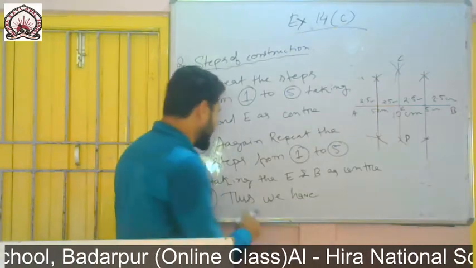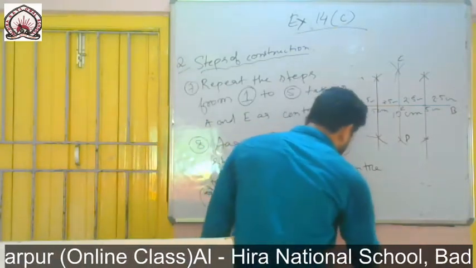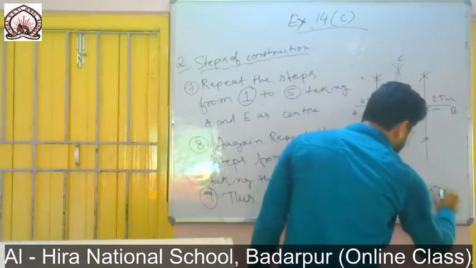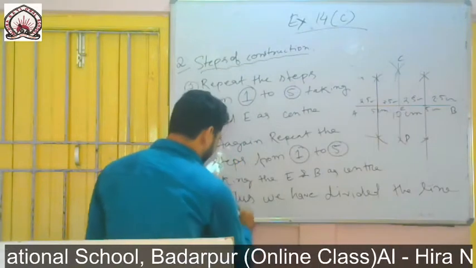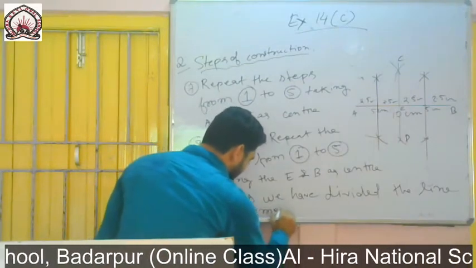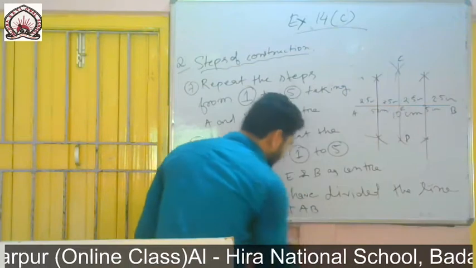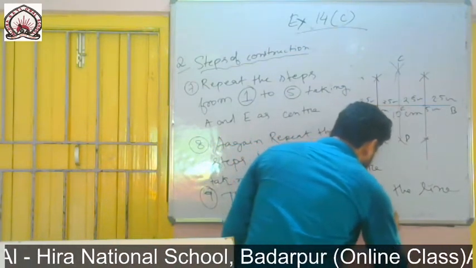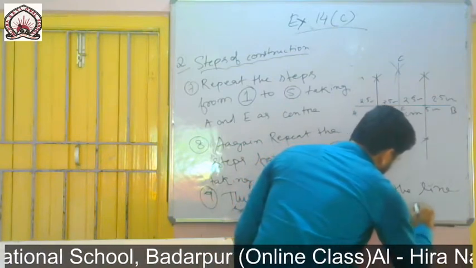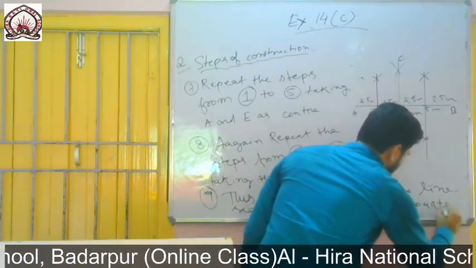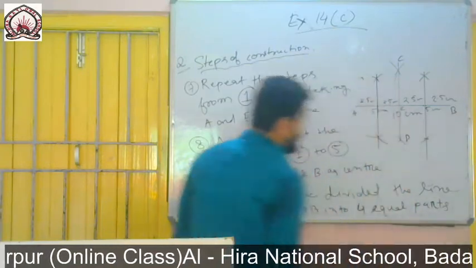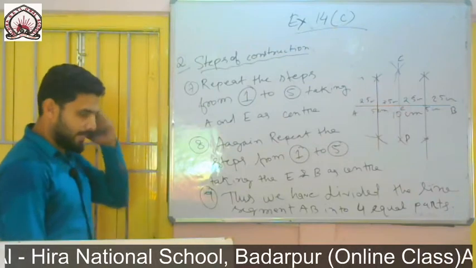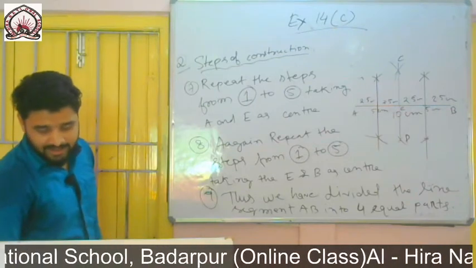Thus we have divided the line segment AB into 4 equal parts. Now what is the length of each part?